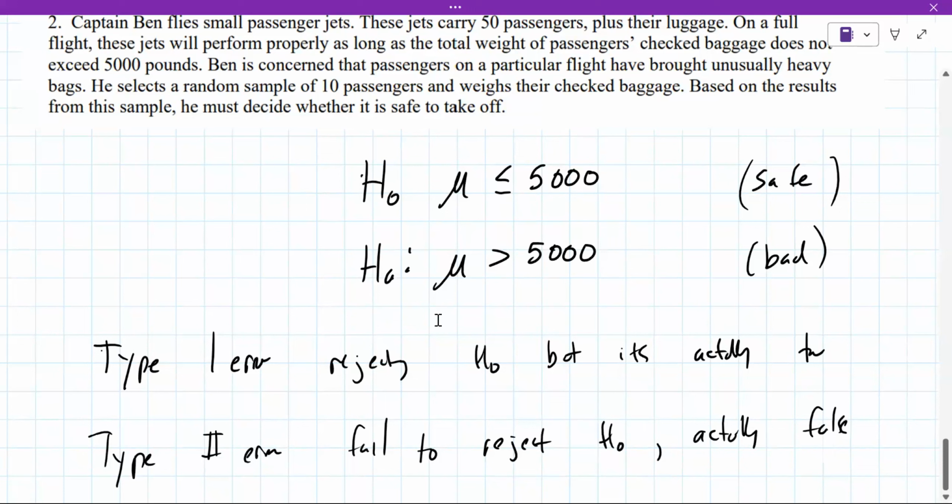So that's a type 1. No, we're on a type 2 error. Oh, type 2. You fail to reject H0. What that means is you believe that the weight is less than or equal to 5,000, but it's actually more than 5,000.